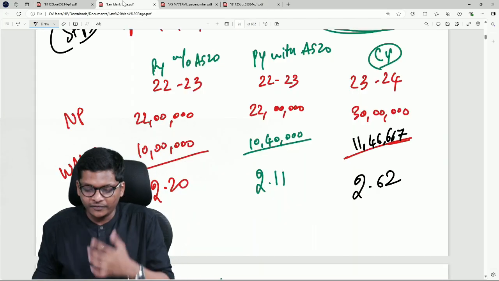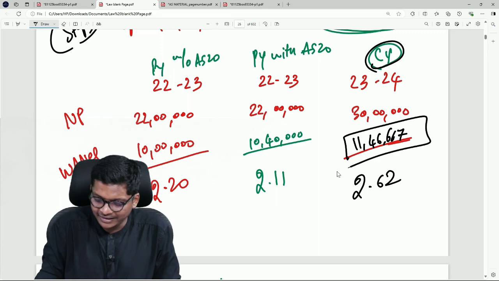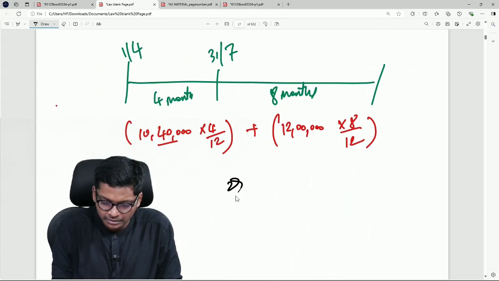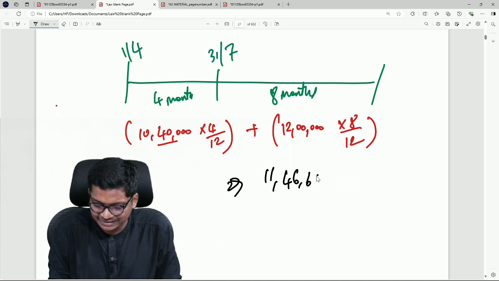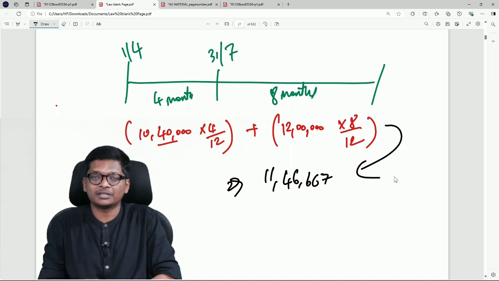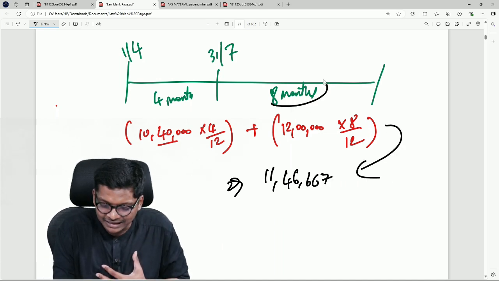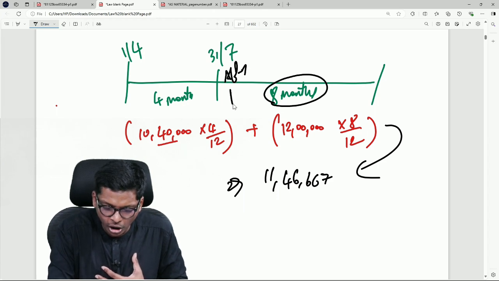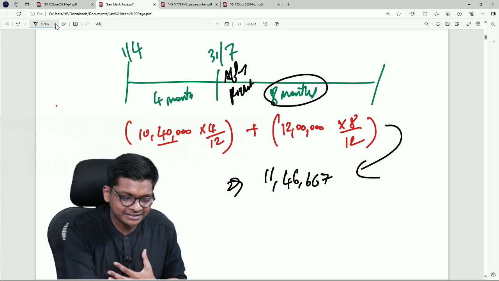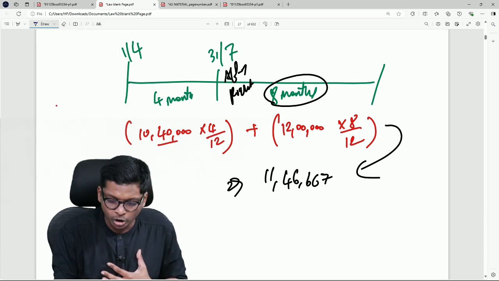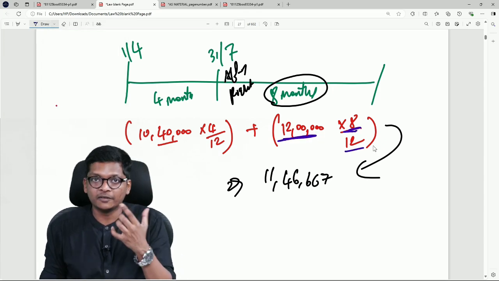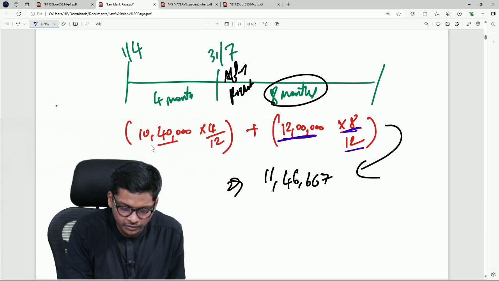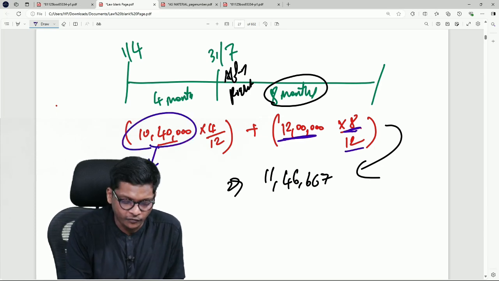So, basically what we are doing in the current year, this 11 lakh 46,667 is the answer for this. Current year 8 months, after rights, we are just taking whatever shares we have overall, 12 lakhs into 8 by 12 for weighted average. Before rights, why am I taking 10 lakh 40,000?